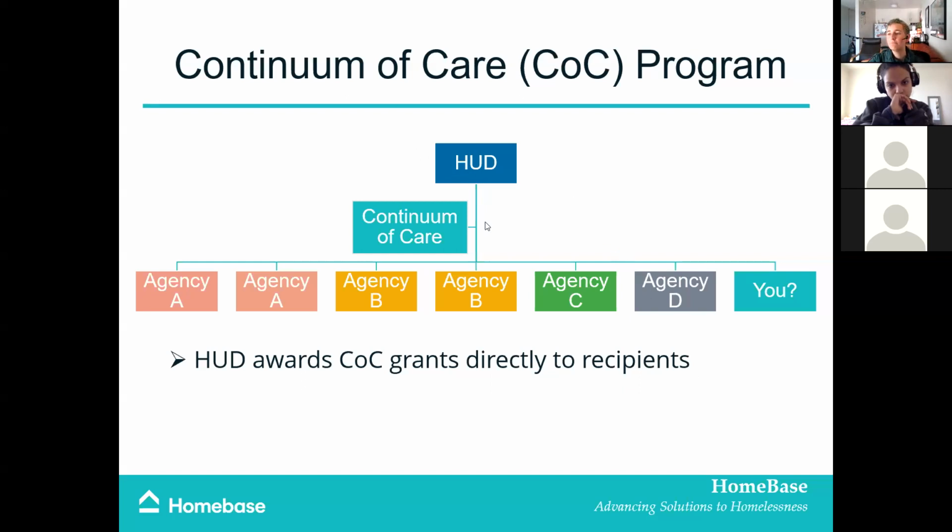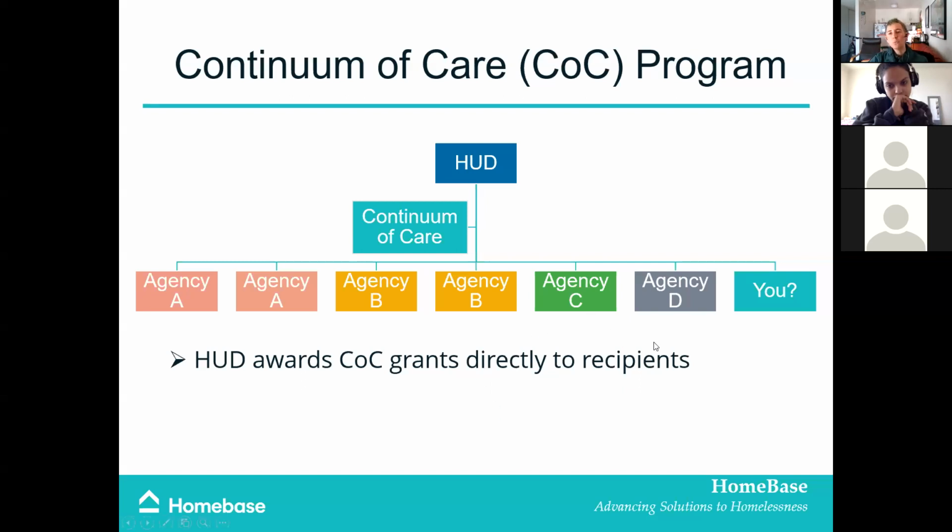And then HUD will enter into those grant agreements directly with the agencies. This will be made a lot more clear, and your role in that, in the introduction to the CoC project applications session that we're putting on.